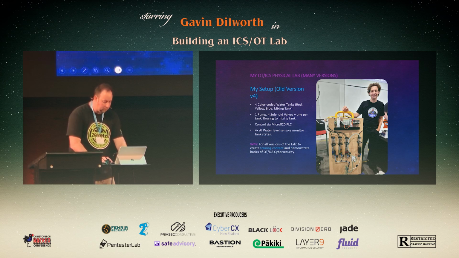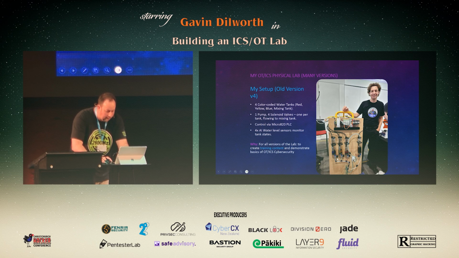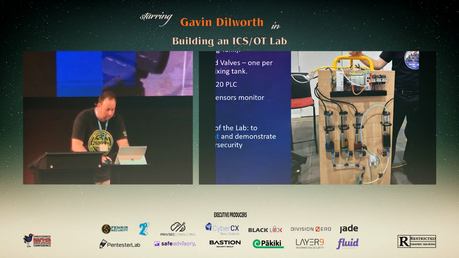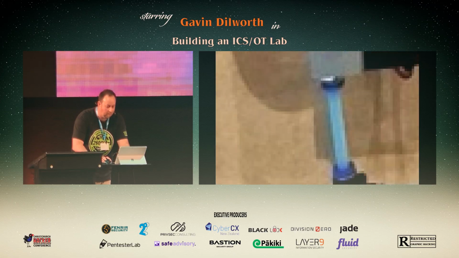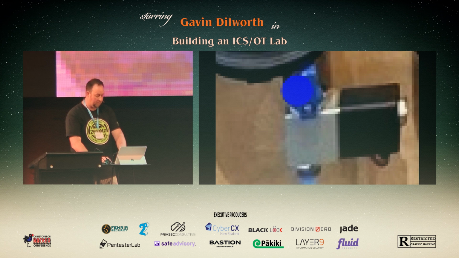Now, there's a couple of things I just want to point out. Let me see if I can get that any closer. A little too close, whoa. Okay, well, we'll just have to go with that. What you see here, that blue thing, let's just change that. That blue thing right there is actually a manual valve.